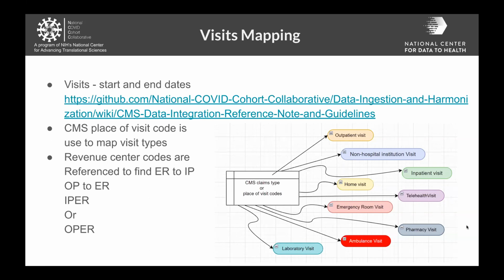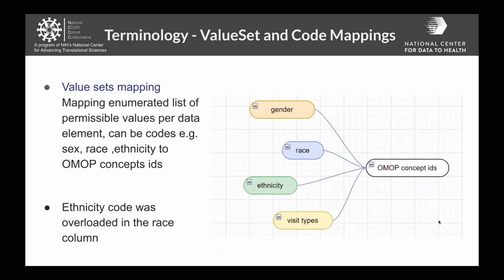Next slide, please. And just wanted to let you know that links to those visit mappings are documented in our N3C GitHub page. So when we do the translation of all the codes that exist in source data, there are two levels of mapping that take place. One is a value set mapping, that is an enumerated list of permissible values per data element that exists in the source data, like sex, race, ethnicity, where we have a distinct set of values that can be possible.